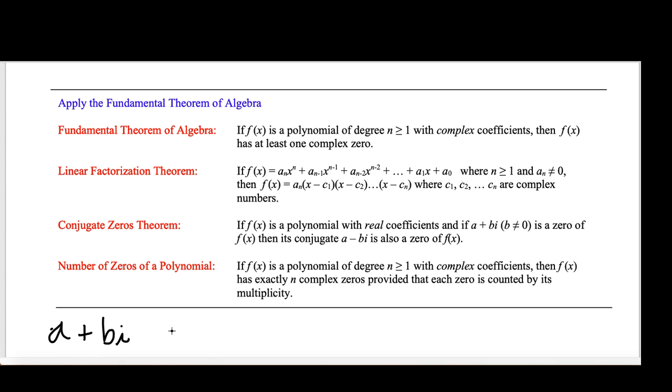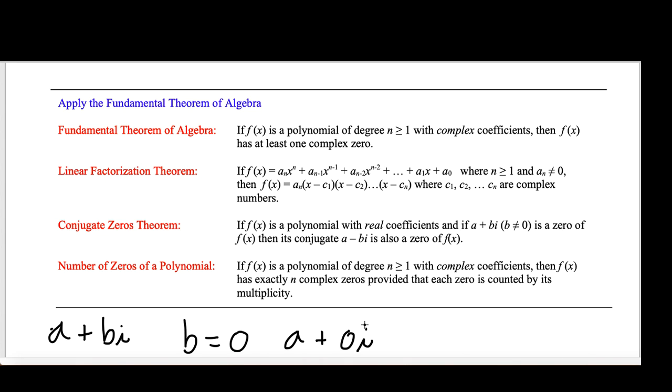Now, all numbers are actually complex numbers. It's possible, for example, for the value of b to be equal to 0, right? So a plus 0i is a complex number where the imaginary portion is just equal to 0.